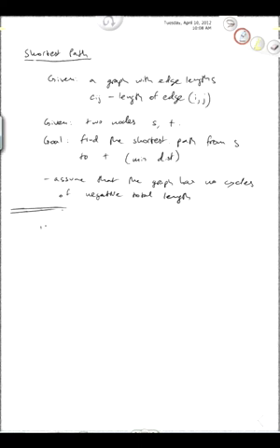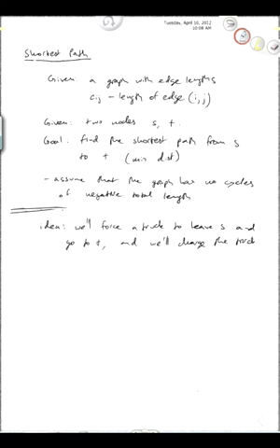To help us do that, we're going to follow the following basic idea, which is that we'll force a truck to leave S and go to T, and we'll charge the truck Cij for moving across edge ij.